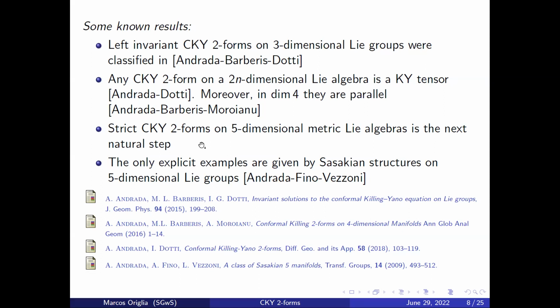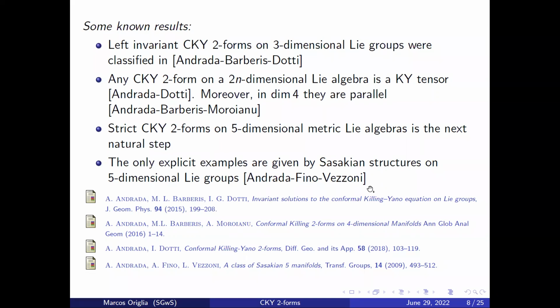So the next natural step is just to consider 5-dimensional metric Lie algebras and study these strict conformal Killing two forms. And in this case, in dimension 5, what is known, well, all the examples we know are given by Sasakian structures. So Sasakian manifolds in dimension 5. This was done by Andrada, Fino, and Vezzoni.